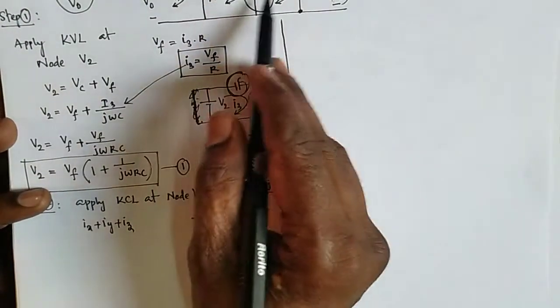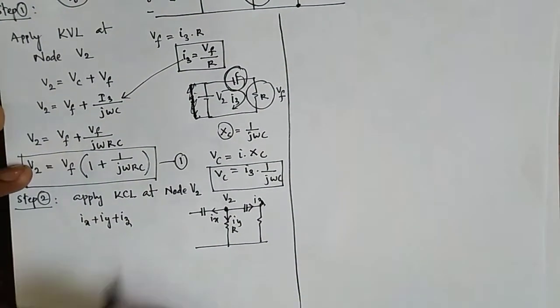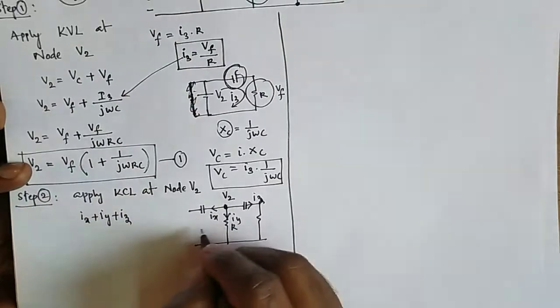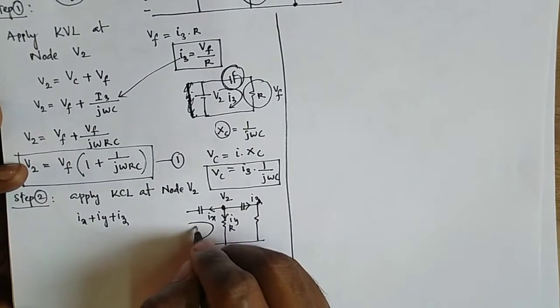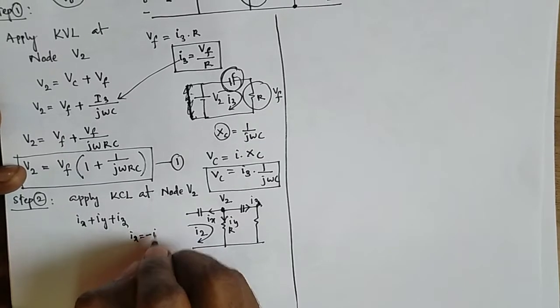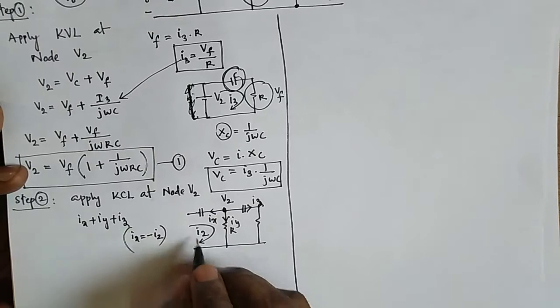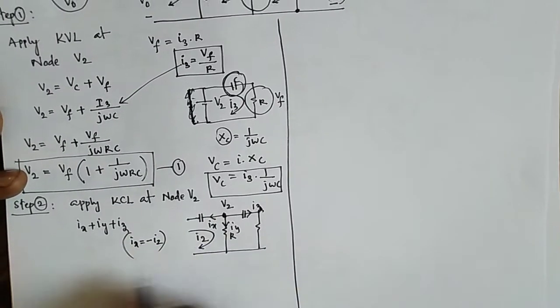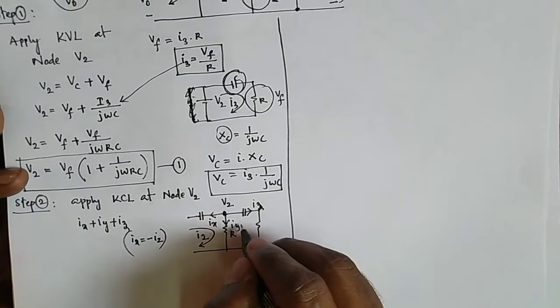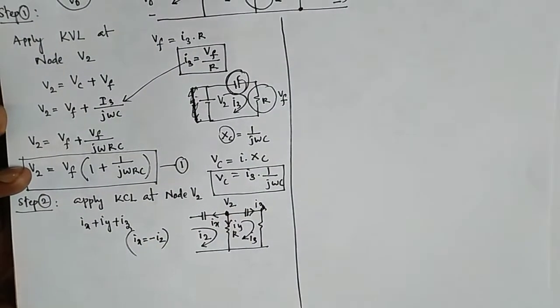The condition is that I1, I2, I3 are in the clockwise direction for KVL. In this case, based on this circuit diagram, the actual I2 current is passing through this. Here Ix is equal to minus I2. Why? Because Ix is passing from right side to left side, while I2 passes in the clockwise direction. In the third condition, I3 is equal to Iz.